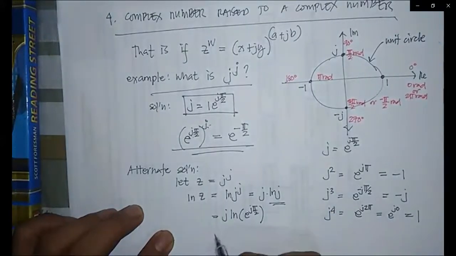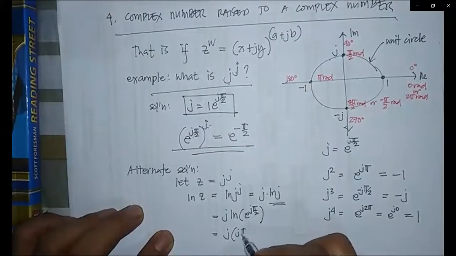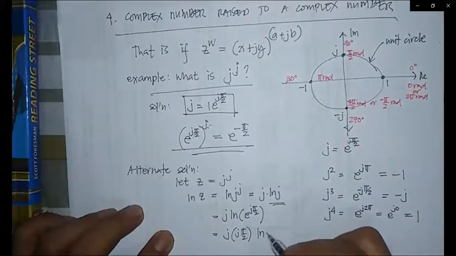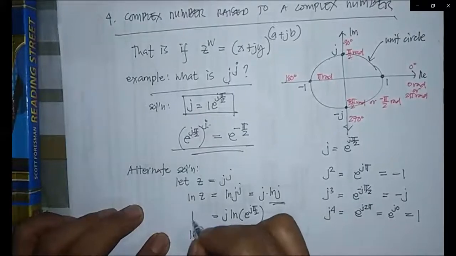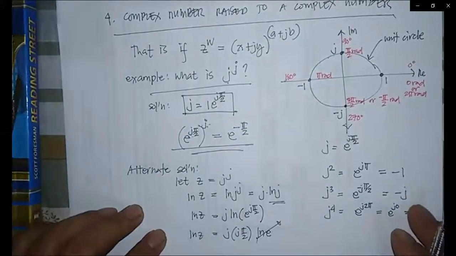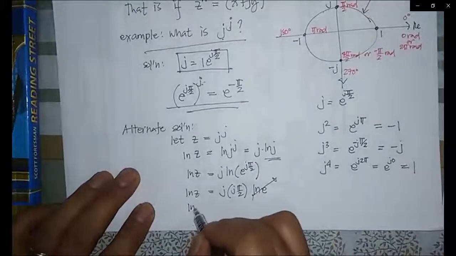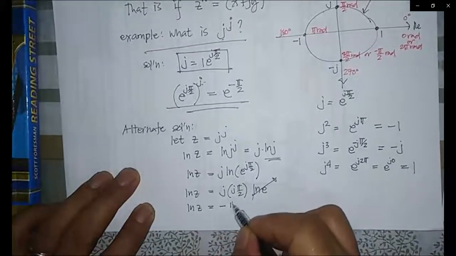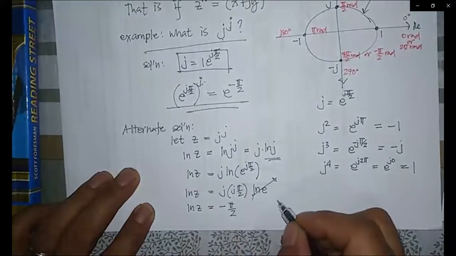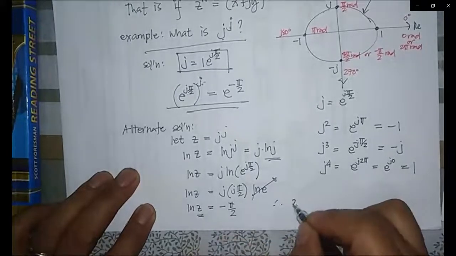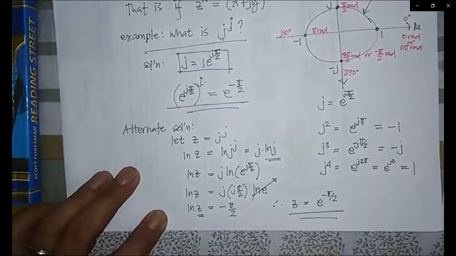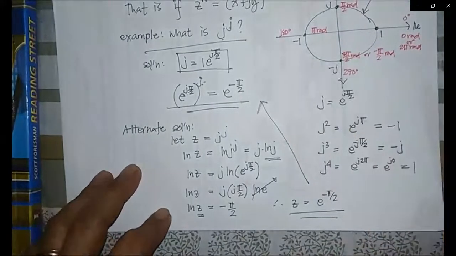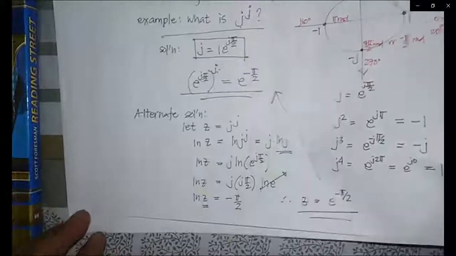The exponent will become the product. So that becomes j times j pi over 2 multiplied by ln of e, which is equal to 1. So what remains is just j times j pi over 2. And we know that j times j is equal to negative 1. So that becomes negative pi over 2. Now, to solve for z, we take the inverse logarithm of negative pi over 2. So that's the value of z.